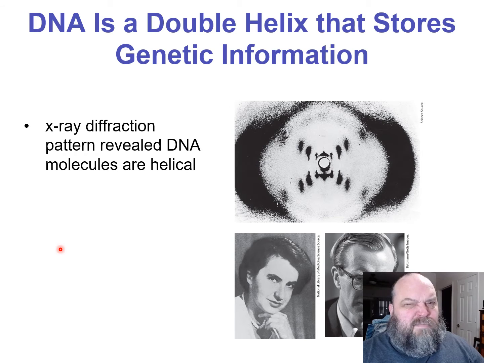Unfortunately, there's been a big push to vilify Watson and Crick. Yeah, look, they were not nice people, all right? Yeah, but quite intelligent. They did quite a bit of work on their own. It's just that the one link in the chain they were missing was this X-ray crystallography right here.